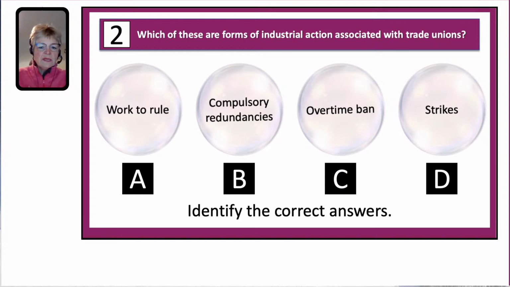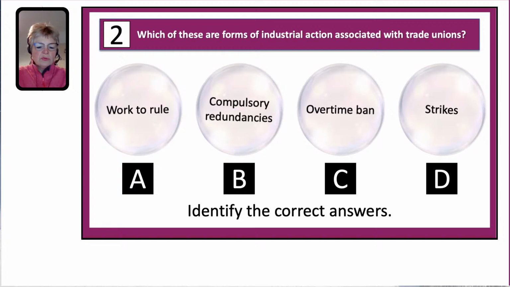So what sort of thing might they be associated with? Okay. Is it work to rule? Have you heard of that? What work to rule is, if you literally stick by the rules, you go and consult the handbook for every single stage of your job.